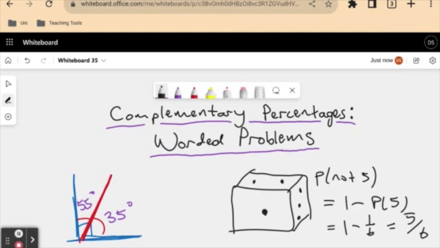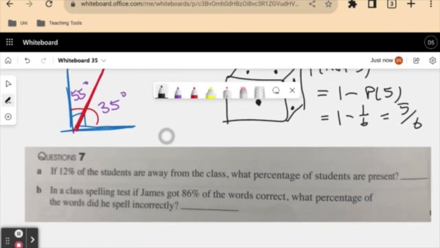Now, the same idea applies to percentages, because when we look at percentages, at least in the context of a portion of something out of 100, we can deal with a very similar idea, and we often get this idea of complementary percentages in particular worded problems, which I'll show here.